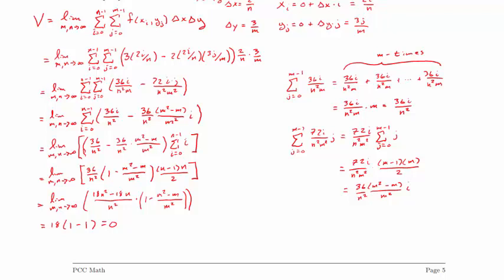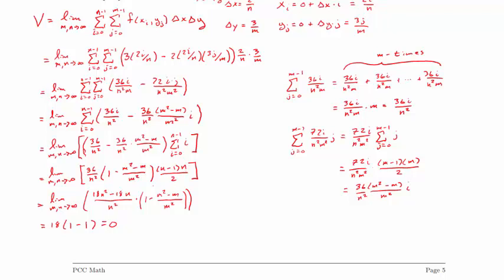So I can then just say the sum from i equals 0 to n minus 1 of i is n minus 1 times n over 2. So that got replaced. I also factor out a 36 over n squared from both of these. So I get that this equals the limit as m and n go to infinity of 36 over n squared times 1 minus m squared minus m over m squared times n minus 1 times n over 2.